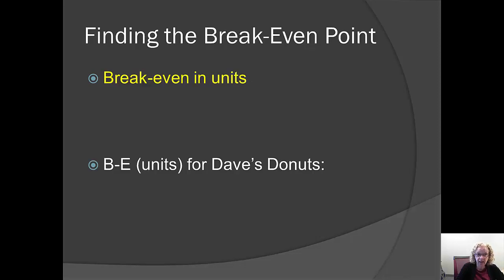So let's use that idea to find break even, that point where we have sold just enough units to cover all of our fixed costs and not enough units to have any profit. The formula for break even in units, we have to go back to our original formula.